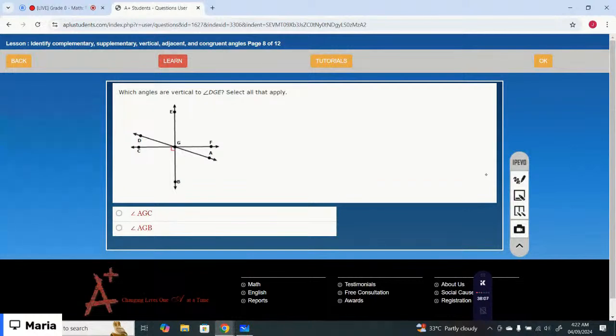Vertical to angle DGE is AGB. The correct option is angle 2, that is angle AGB. Option number 2 is the correct option.